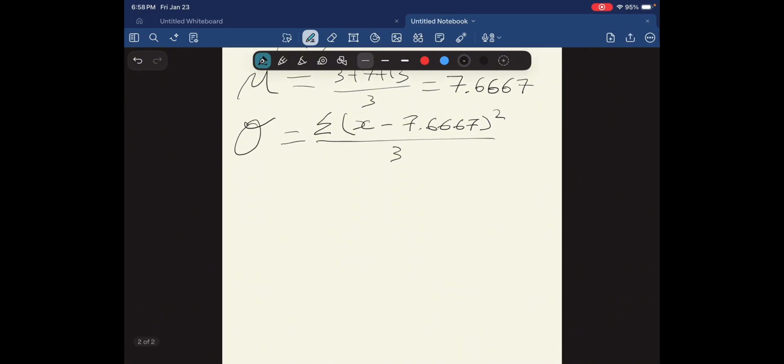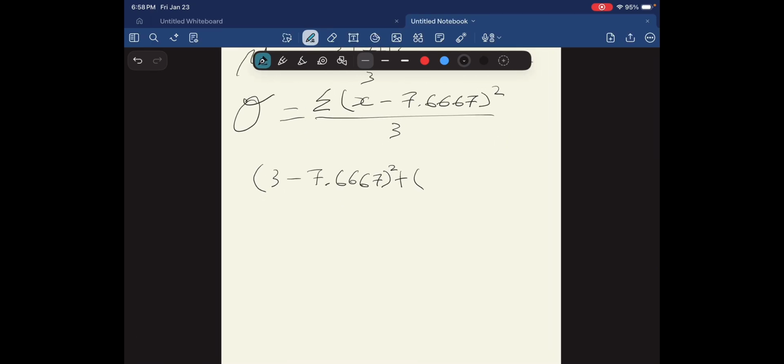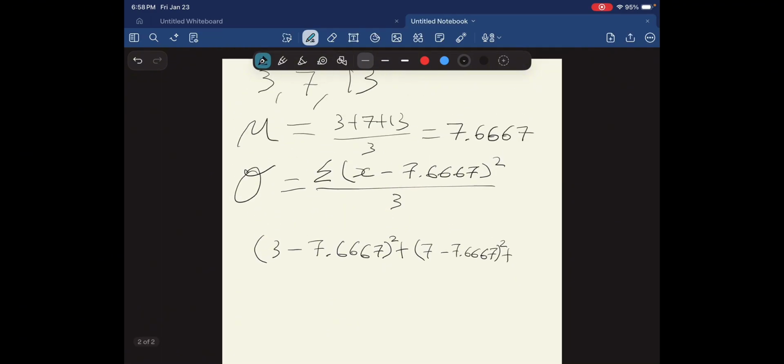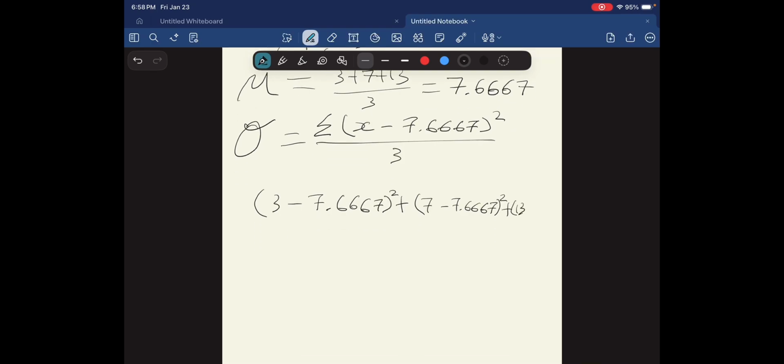So let's work this out. So the sum of this would basically just be 3 minus 7.6667 squared plus, what's our next term, 7 minus 7.6667 squared plus 13 minus, and it's the same thing, 7.6667 squared.